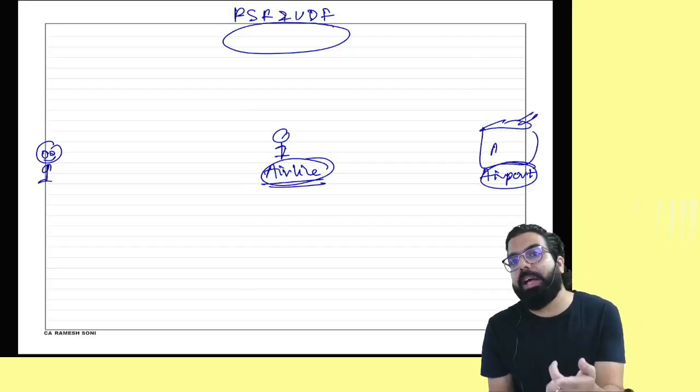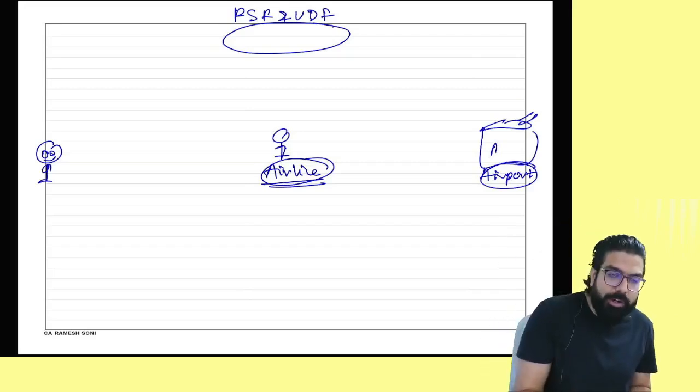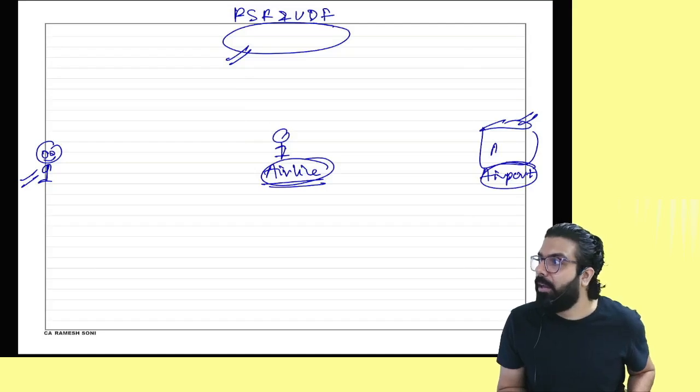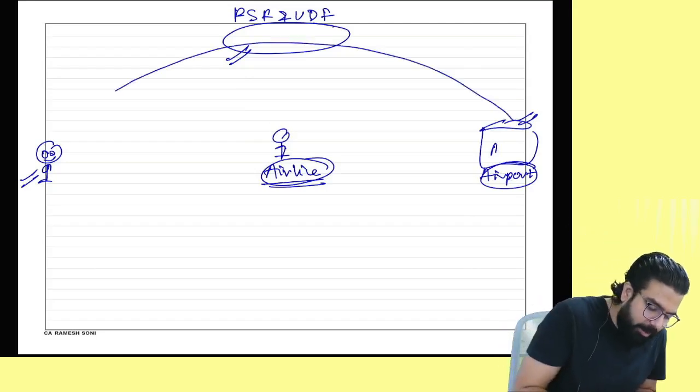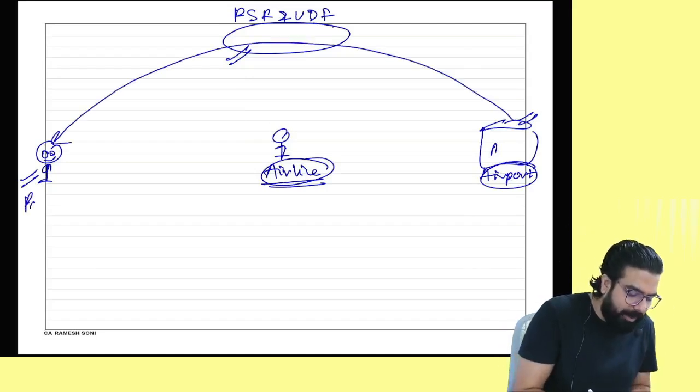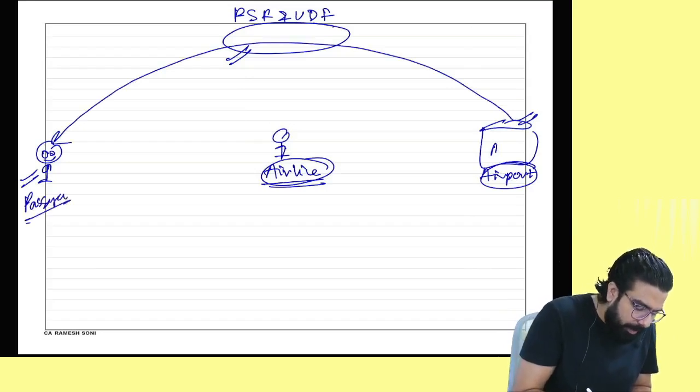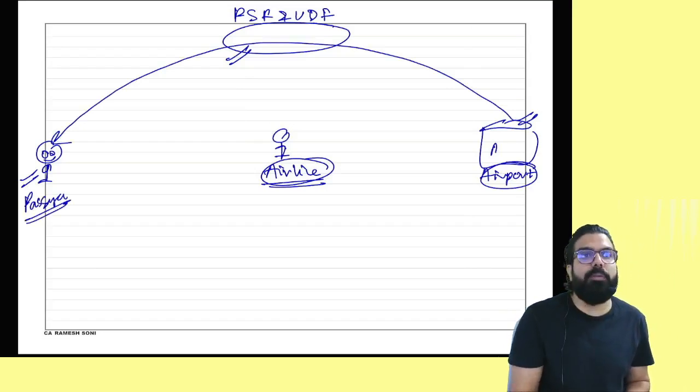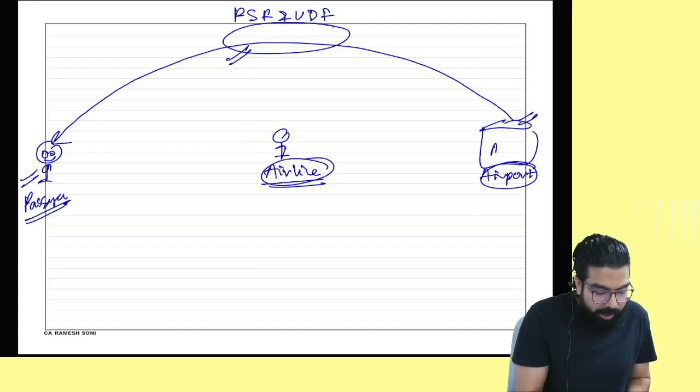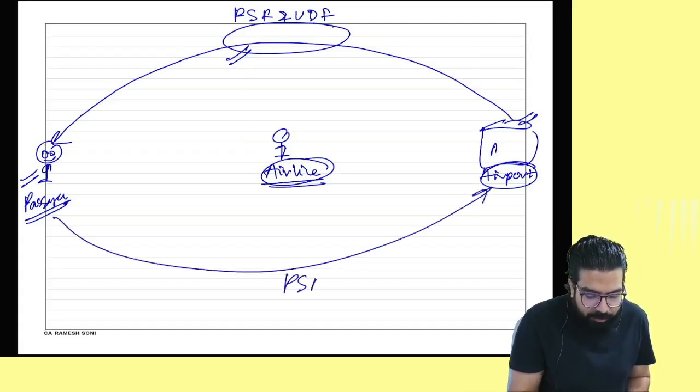But they can't directly charge you. Why are they charging you PSF and UDF? For all the services provided at the airport. You are a passenger, so from you they should collect passenger service fees and user development fees.